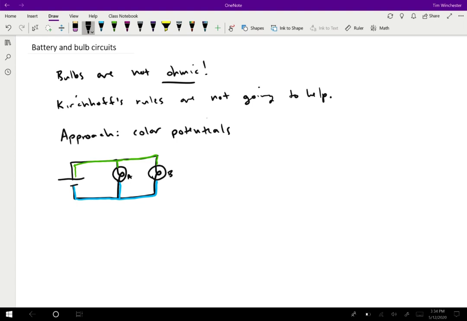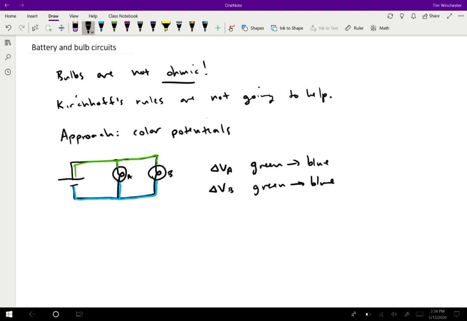Well, remember the colors represent the potential. So the potential difference across A is from green to blue. And the potential difference across B is also from green to blue.